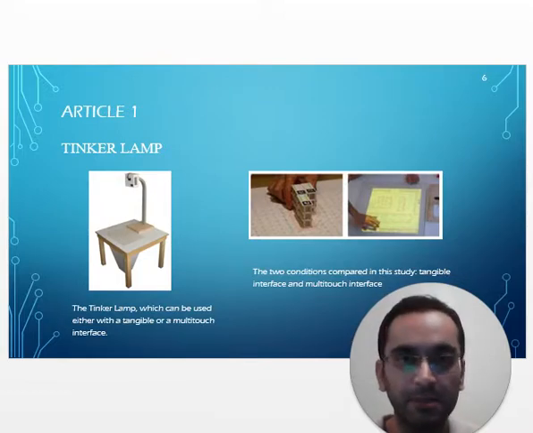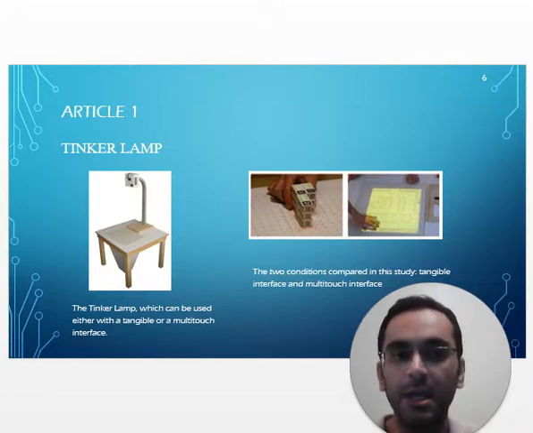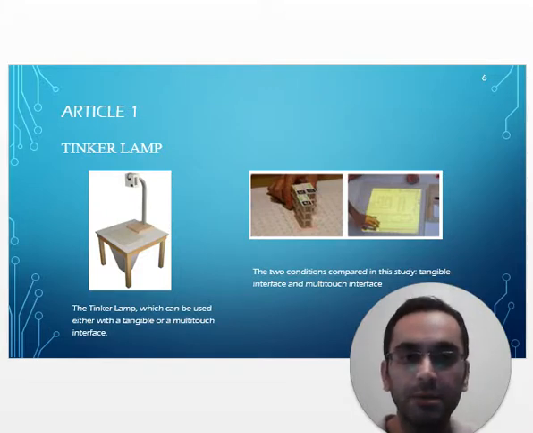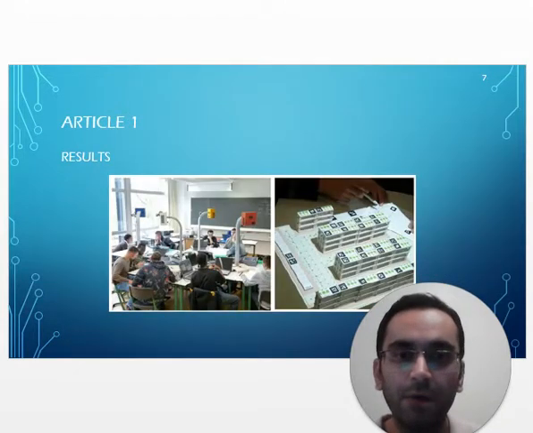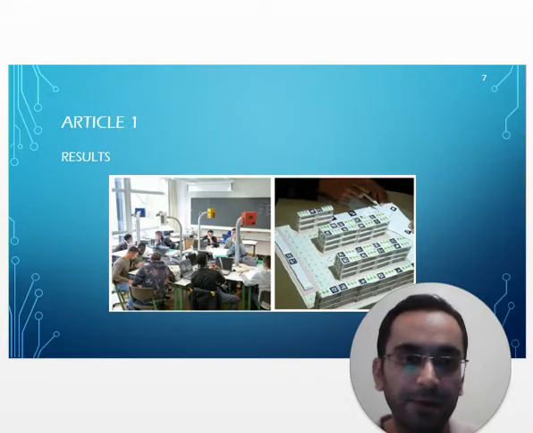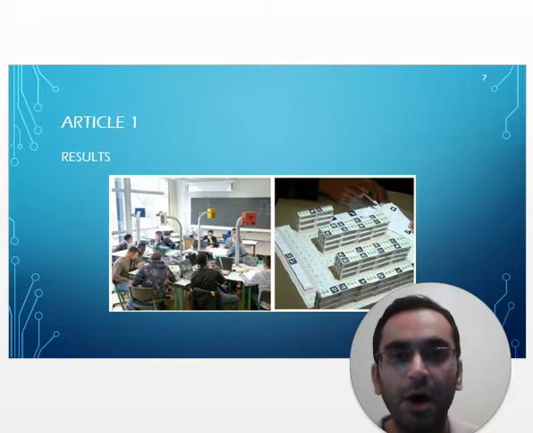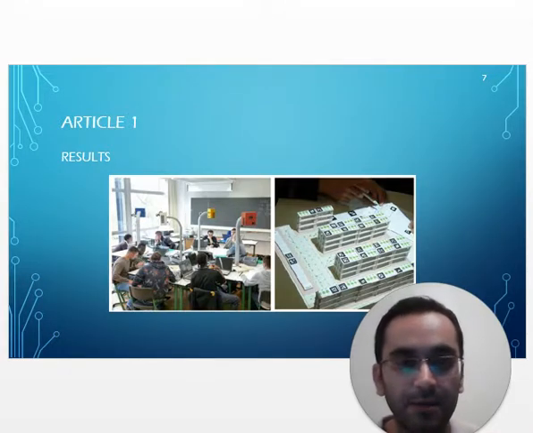Results of this experiment provided evidence that logistic apprentices better solve a warehouse design task with a tangible interface than with a multi-touch interface. The results of this article tells us that tangibility helps apprentices perform the task better and achieve a higher learning gain.